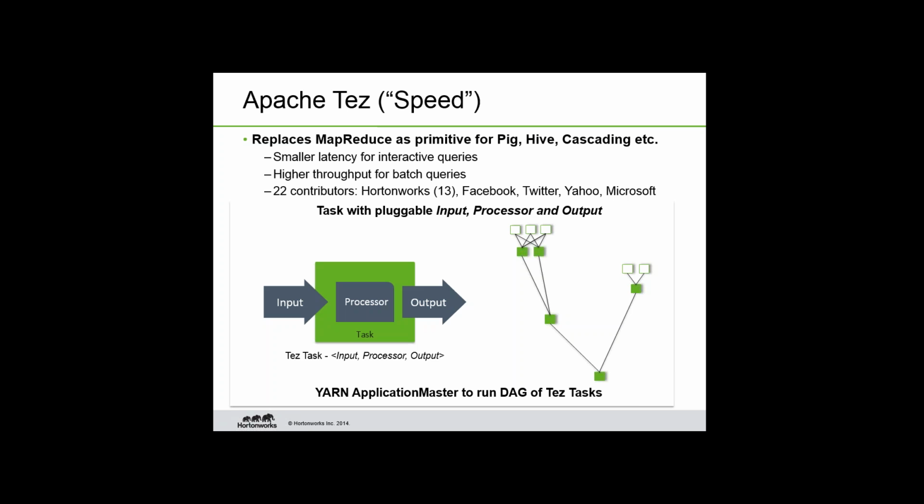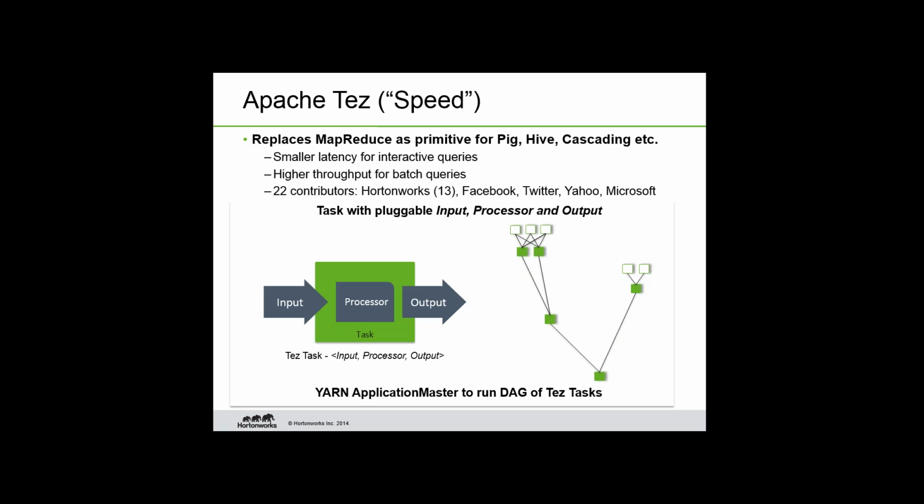A rich data flow definition API allows the user to expressively describe complex query logic. This API fits well with the query plans produced by higher-level declarative applications like Apache Hive and Apache Pig. Typically, any Tez task has a pluggable input, a processor, and an output, and it works with smaller latency for interactive queries.